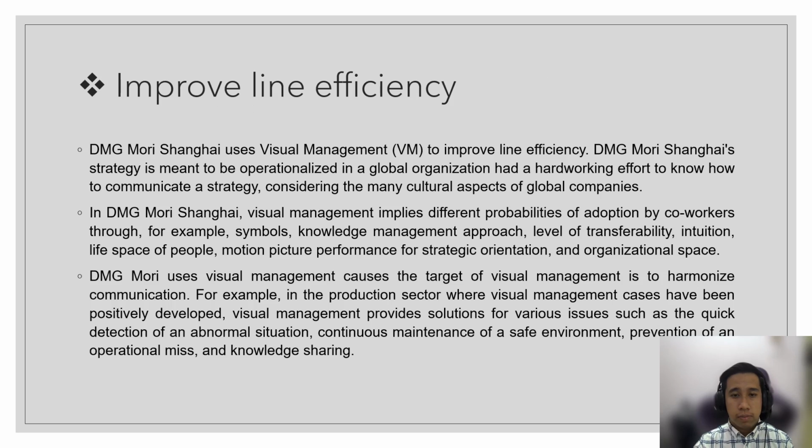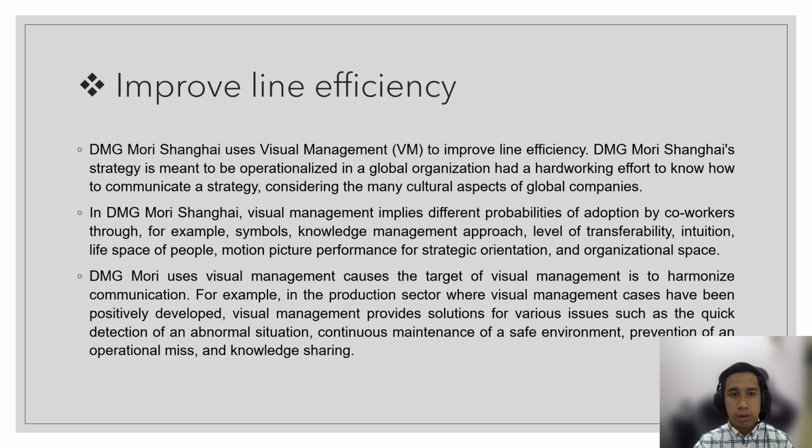Okay, next, improve line efficiency. DMG Mori Shanghai uses visual management to improve line efficiency. The DMG Mori Shanghai strategy is meant to be operational in a global organization, requiring hardworking effort to know how to communicate a strategy considering the many cultural aspects of global companies.